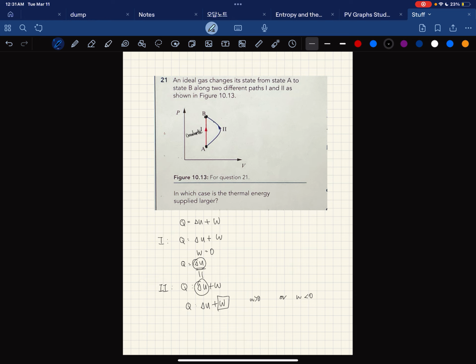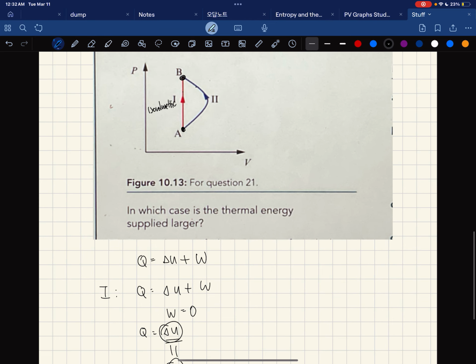Now, we can do this by knowing that work done is PΔV, or area under graph.